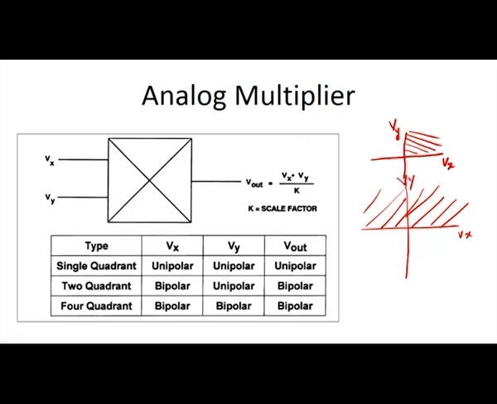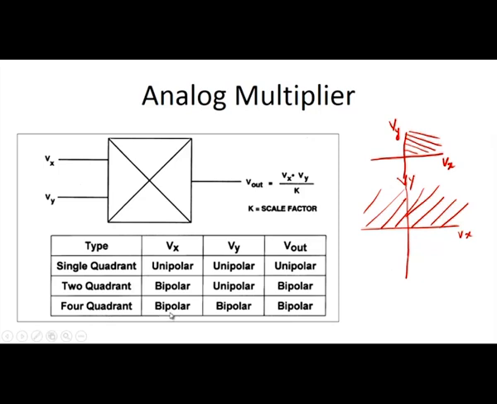So Vy is unipolar and Vx, in both directions, is bipolar. So the output will be bipolar, either positive or negative. If any one of the input signals is negative, then the output may be negative according to the combination of Vy and Vx.